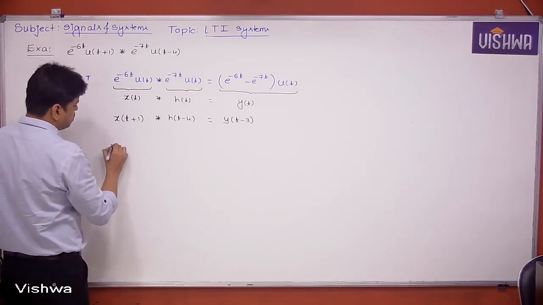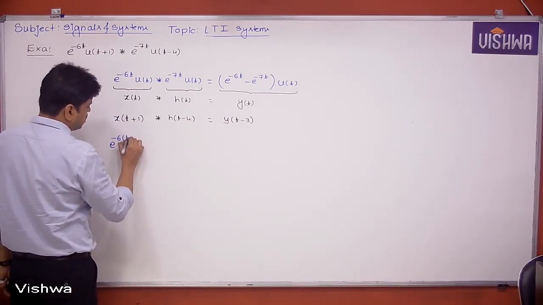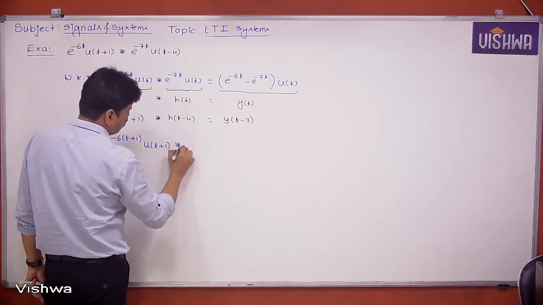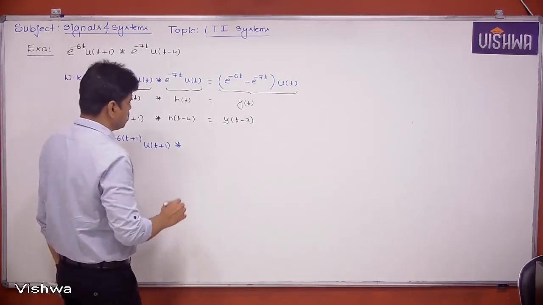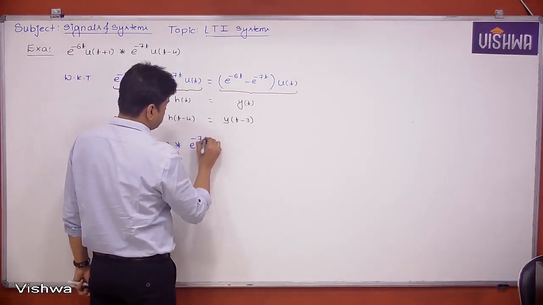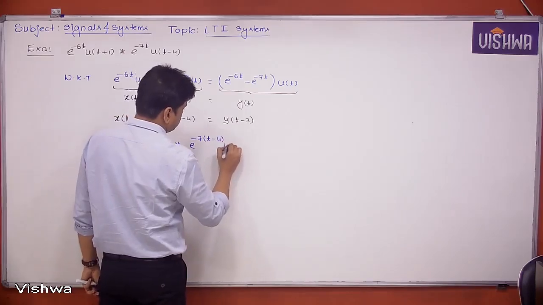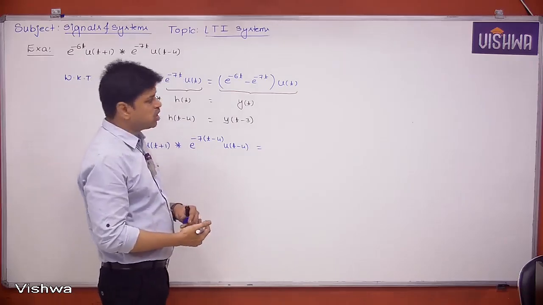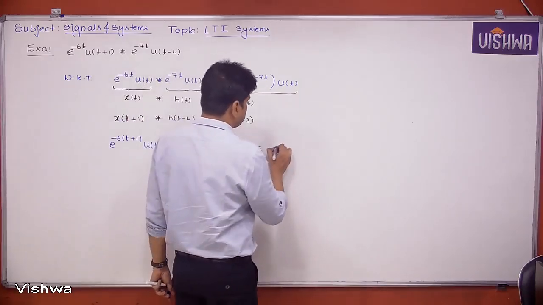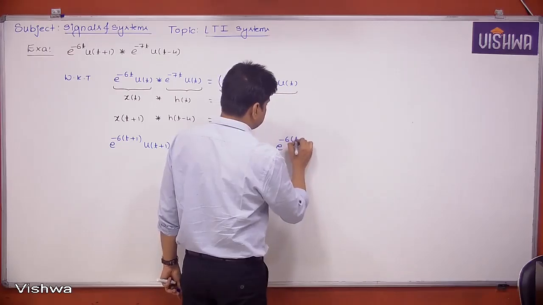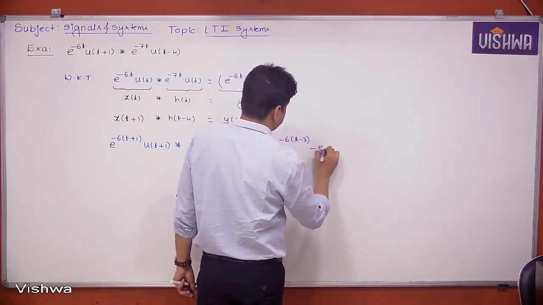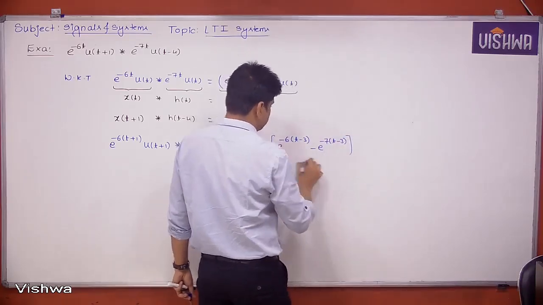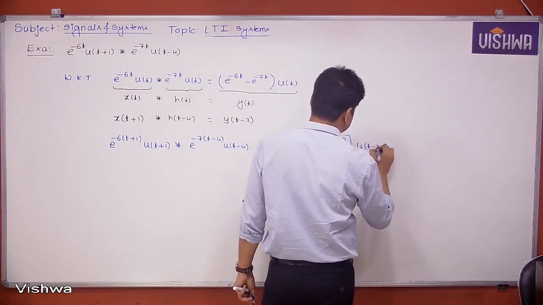So I get e power minus 6 (t plus 1) u of t plus 1 convolution with, replacing t with t minus 4, e power minus 7 (t minus 4) u of t minus 4, is equal to, in the output we have to replace t with t minus 3, then e power minus 6 (t minus 3) minus e power minus 7 (t minus 3), u of t minus 3.